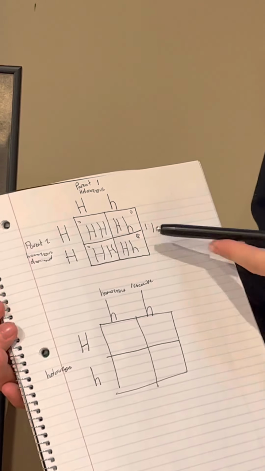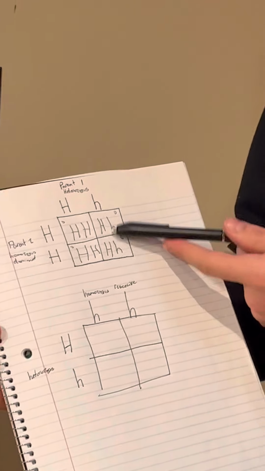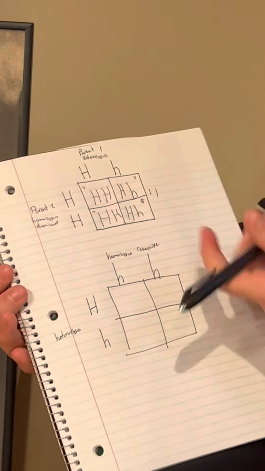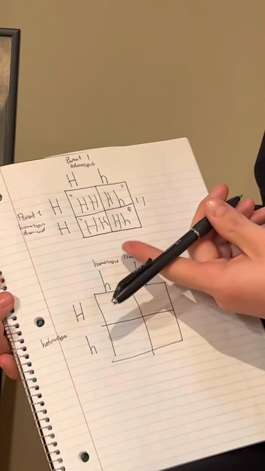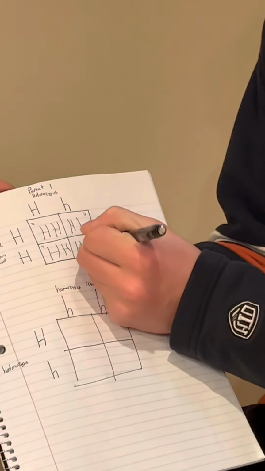Before we move on, you should know that this is the genotype ratio. So these are the different codes. And because these all show dominant traits, the phenotype ratio would be 4 to 0, or just 1 to 0.